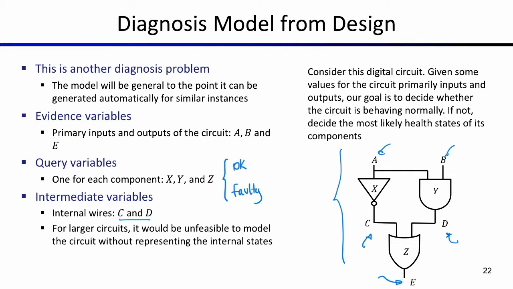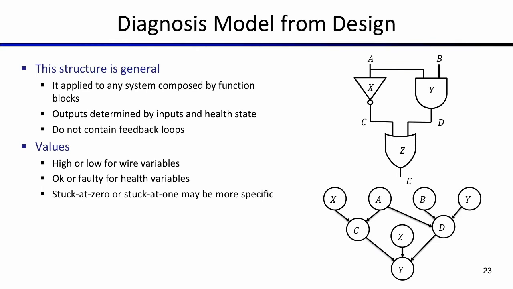All right, let's take a look at what the Bayesian network is going to look like for this example. So this is the Bayesian network for this example. As we can see, it is the expected Bayesian network plus one additional piece of information, that is the internal state of the gates. For example, this internal wire is represented by a node here, C, and this node has two parents.